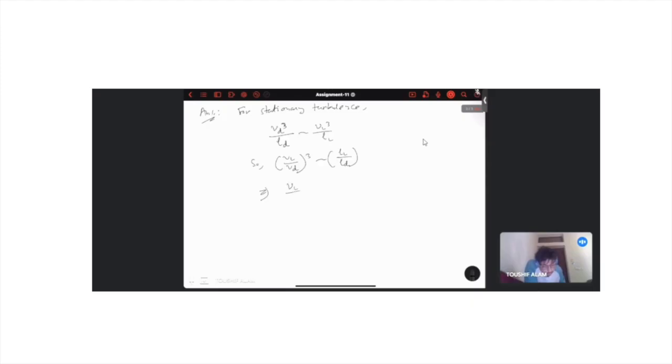So from here we will get that VL by VD is approximately LL by LE to the power 1/3. Right.